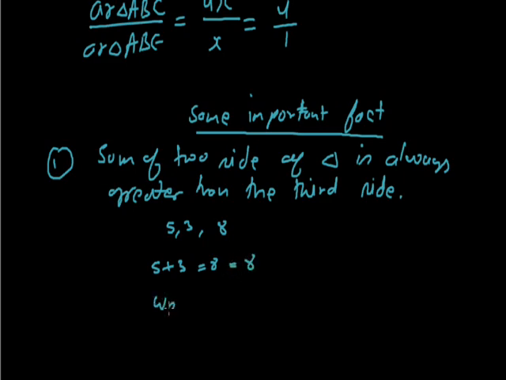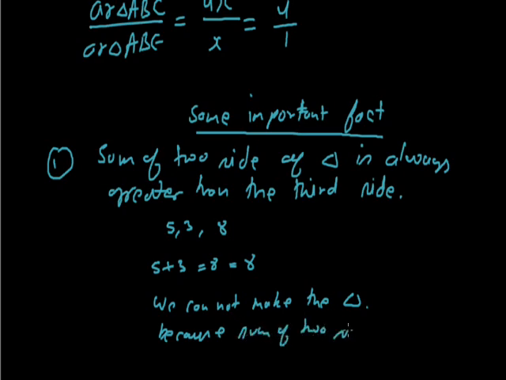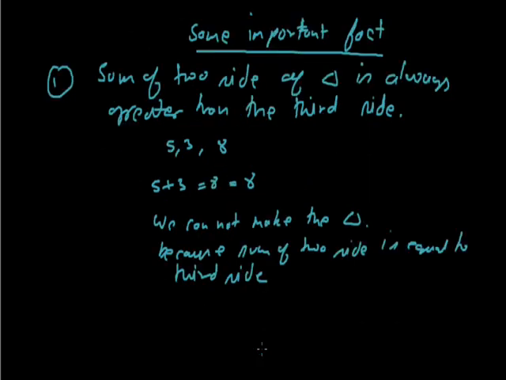So we cannot make the triangle, because here the sum of the two sides is equal to the third side. So that's why we are not able to make the triangle.